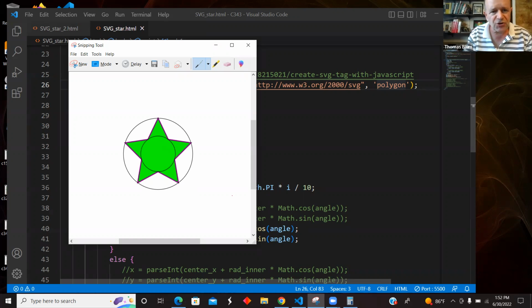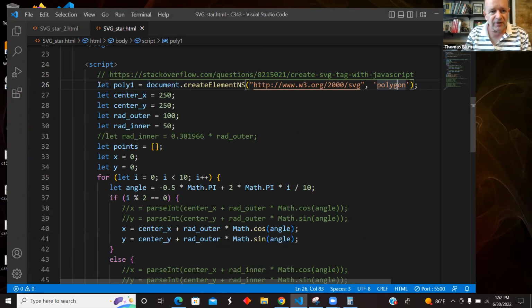Those circles are concentric. So there will be a center, an X center, a horizontal center of the circles, and a vertical center of the circles. There'll be an inner radius and an outer radius. And then we will need a place to start the points.